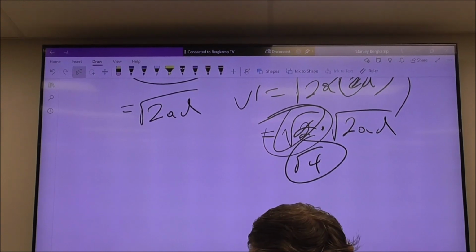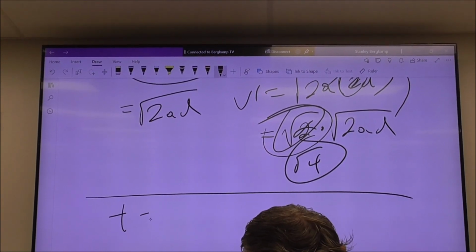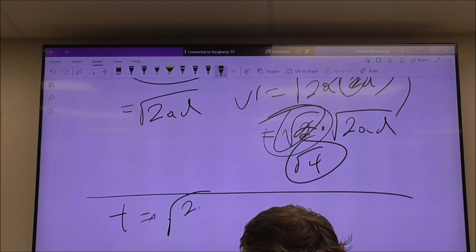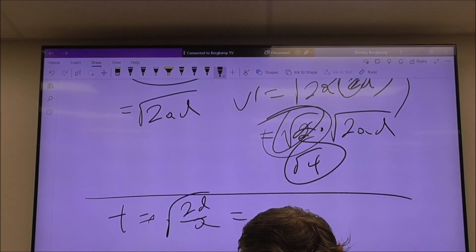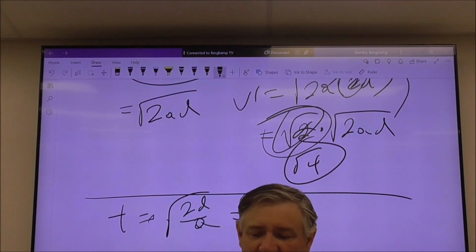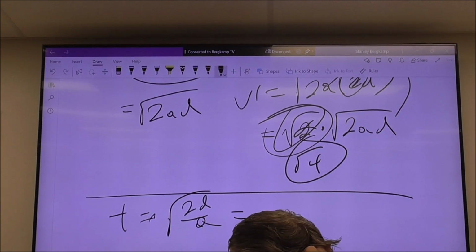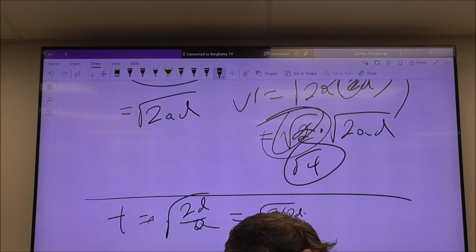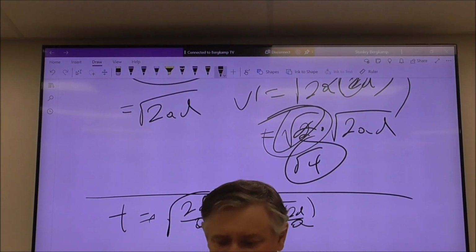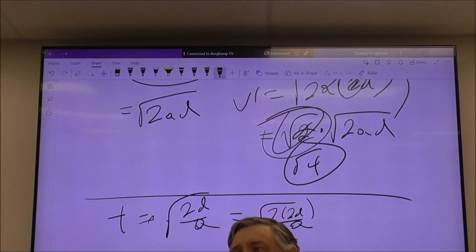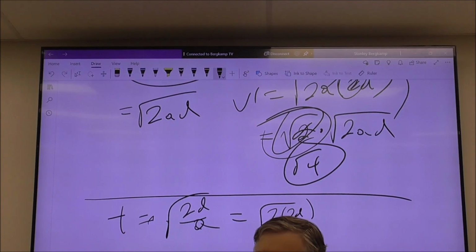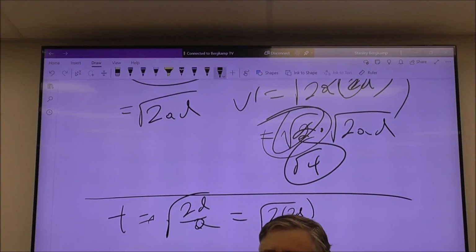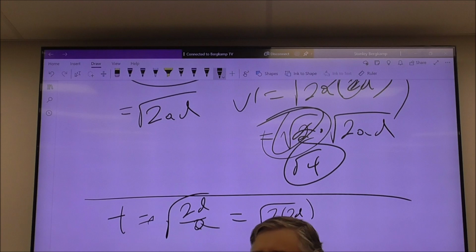Okay. So let's talk about time. In this situation, I'm going to double the height again. So that's going to be 2D over A. If you follow that same thought process, since that 2 is underneath the radical, if I double my height, what's going to happen to my time?